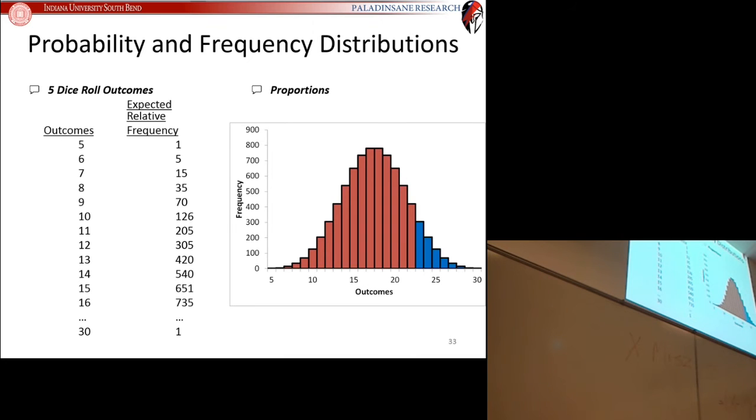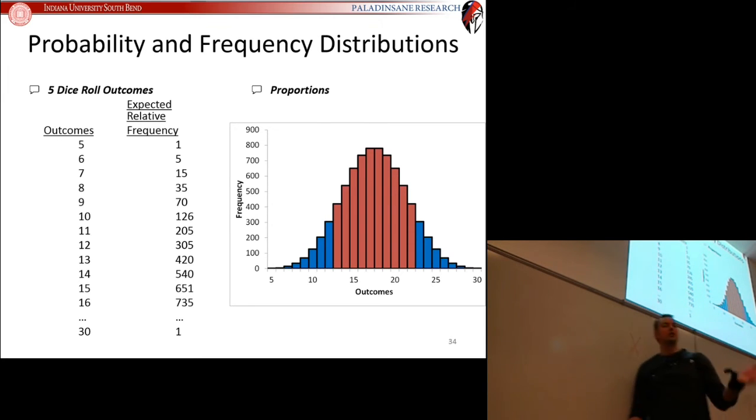That proportion of the entire distribution is the probability of rolling 23 or higher. And if we have a little bit of weirdness and we need to roll 23 or higher, or 12 or less, then that's the probability, that blue area right there.